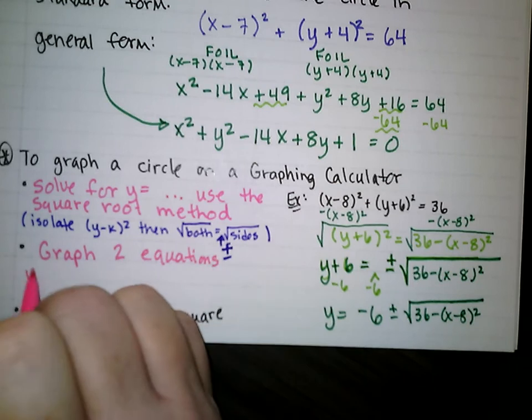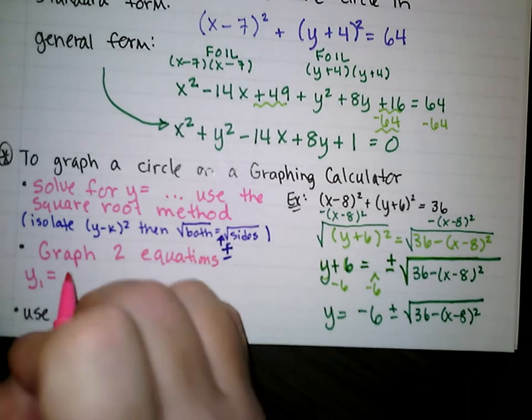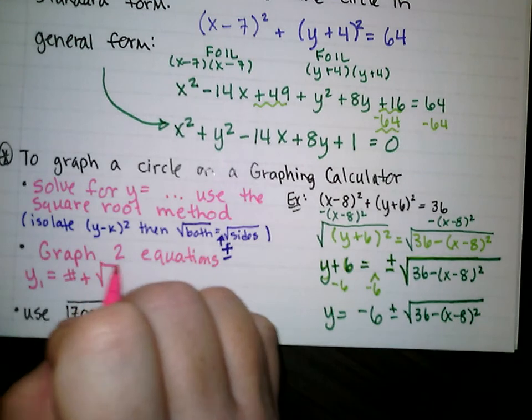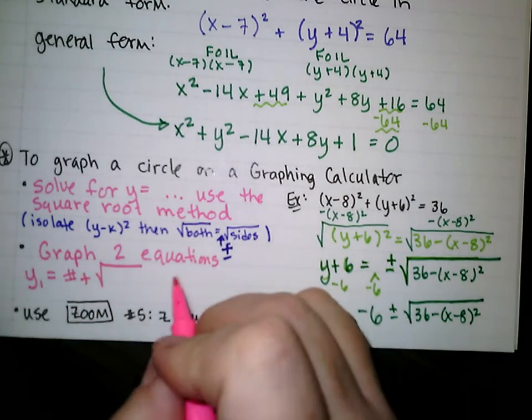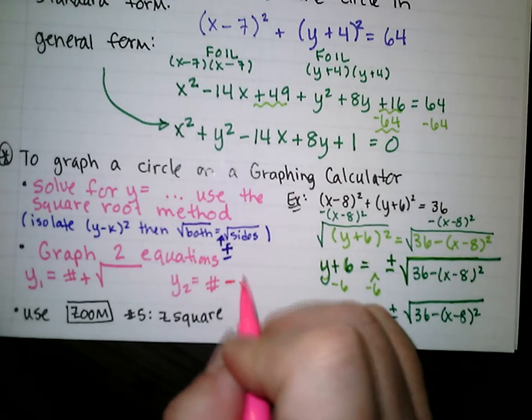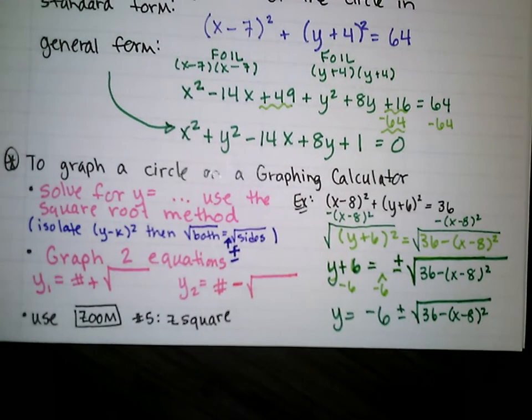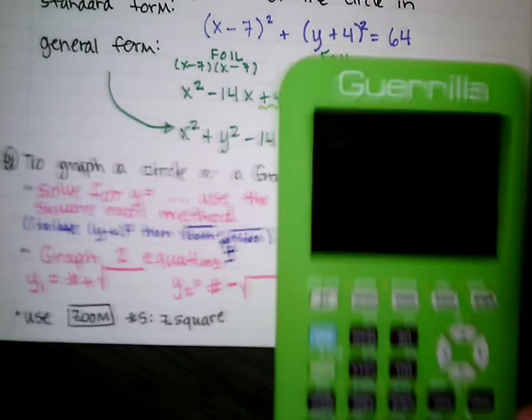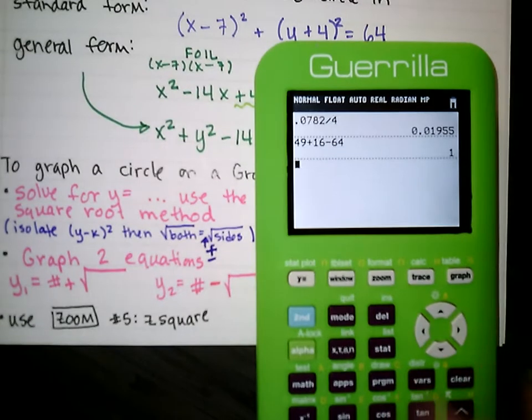So in y1, we'll do our number, in this case negative 6, plus our square root. And in y2, we'll do the number minus the square root. And then we have to use zoom number 5, which is zoom square. If you don't use zoom square, it's not going to look like a circle.